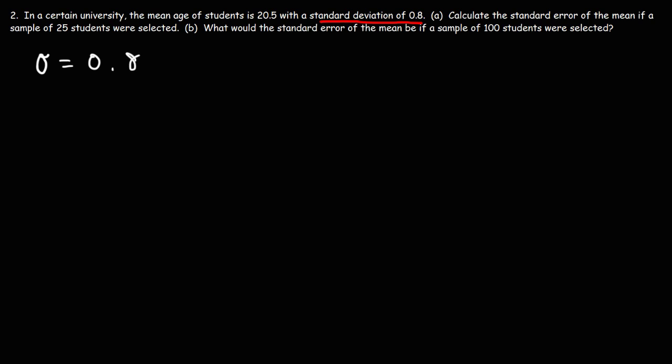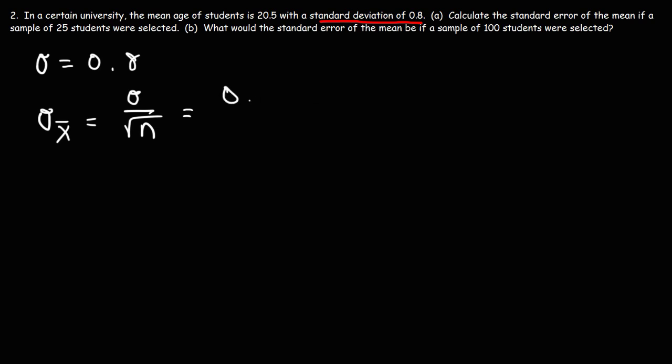Now, to calculate the standard error, we need to use a formula that is very similar but with different variables. The standard error of the mean is going to be the standard deviation of the population divided by the square root of n.